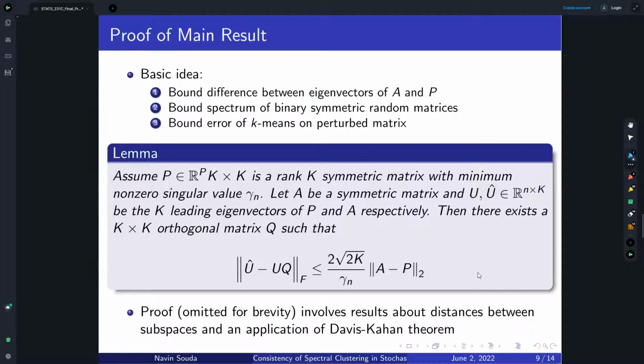So to do that, we're going to introduce 3 different claims. The first is this lemma here.